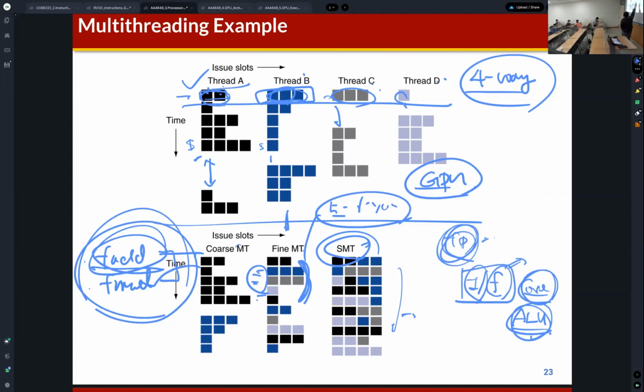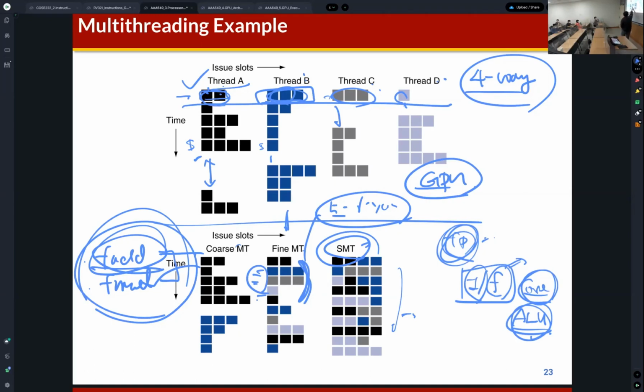Actually, each thread of the GPU executes the same instruction, which means the threads have the same instruction structure.